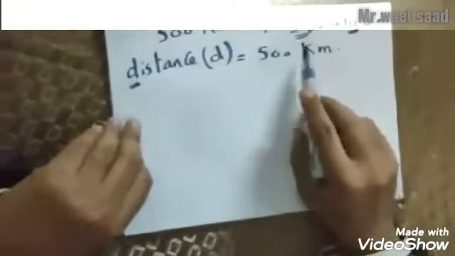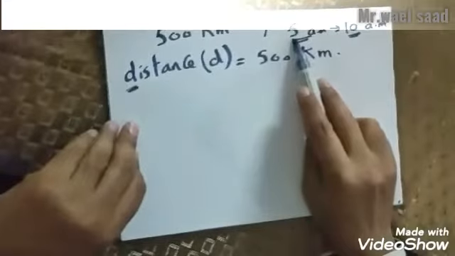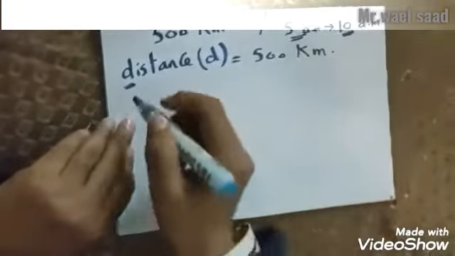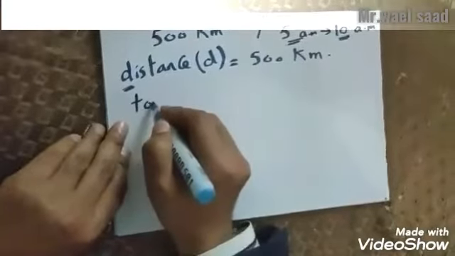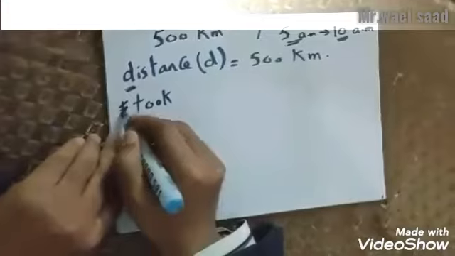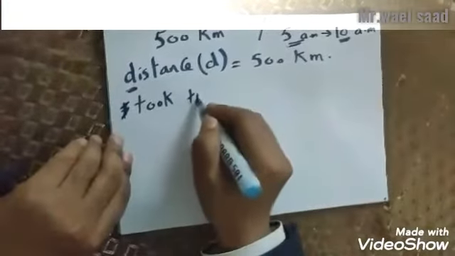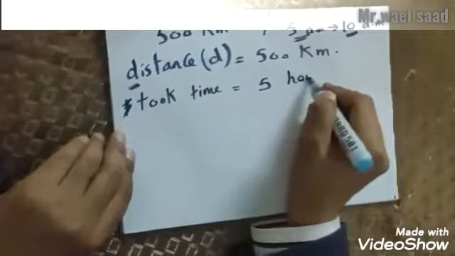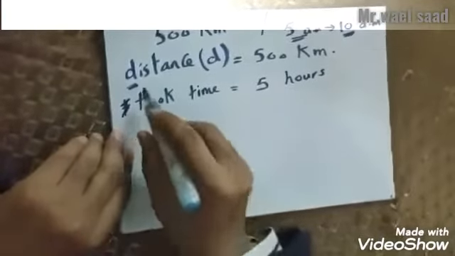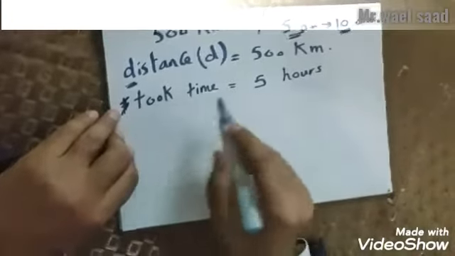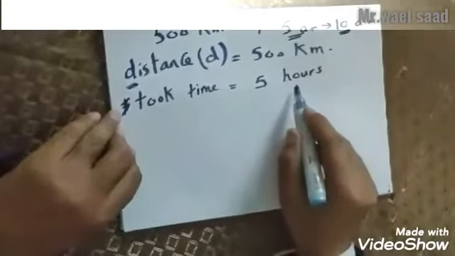Okay, what can you deduce from that I started driving at 5 o'clock to 10 o'clock? Yes, that means that I took time. Time of what? Yes, 5 hours. So now distance is 500 kilometers, and the time taken is 5 hours.